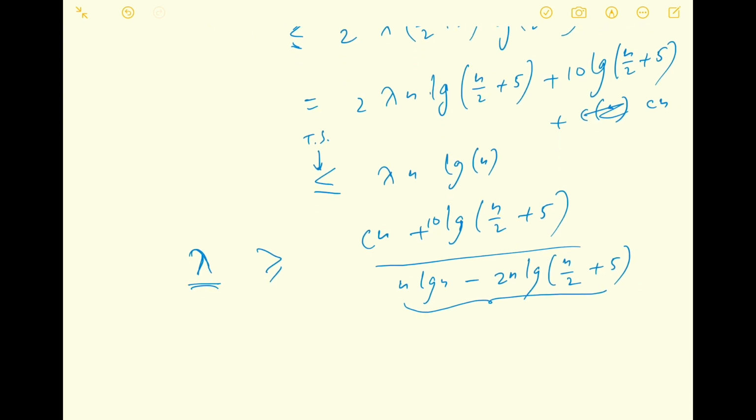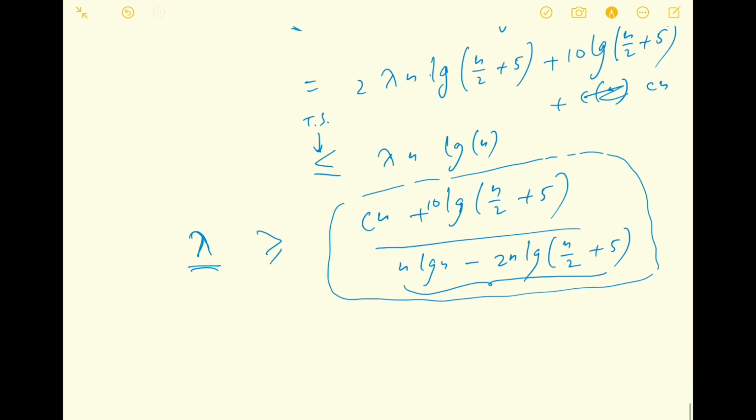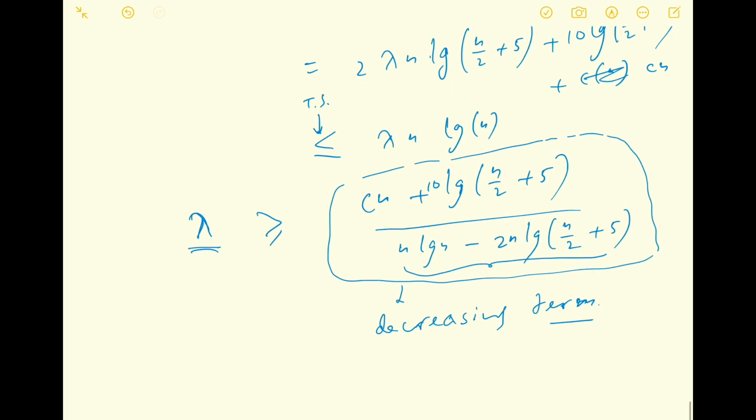Now you observe that there is a decreasing term. This term is a decreasing term, and it goes to 0 as n tends to infinity.